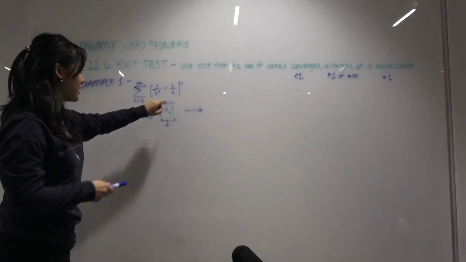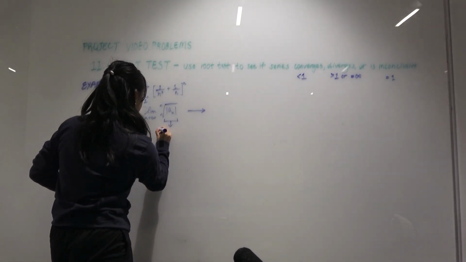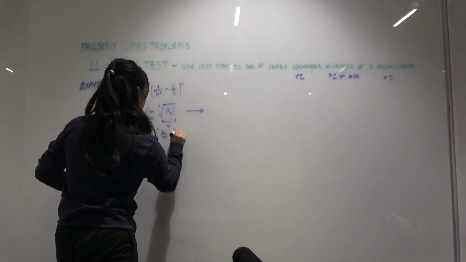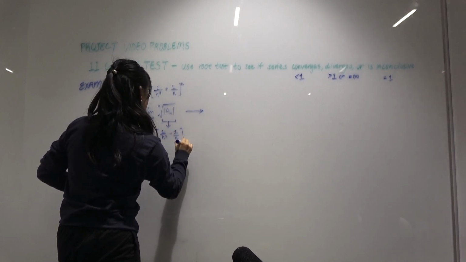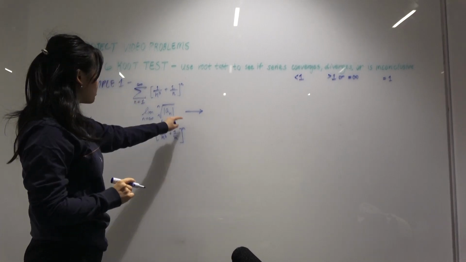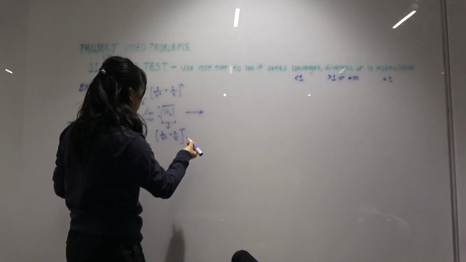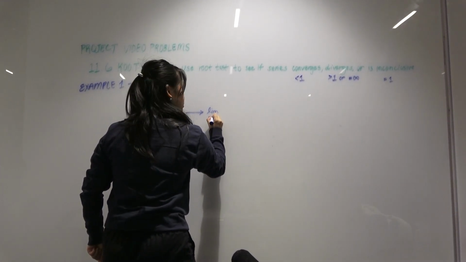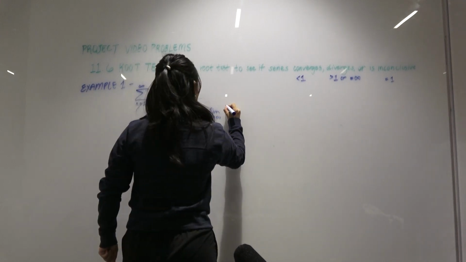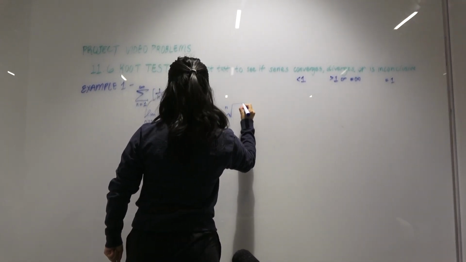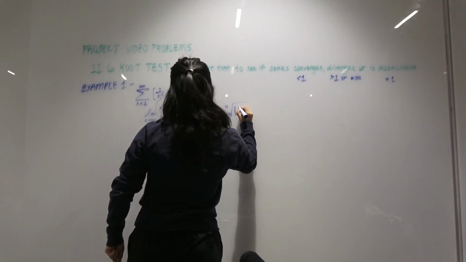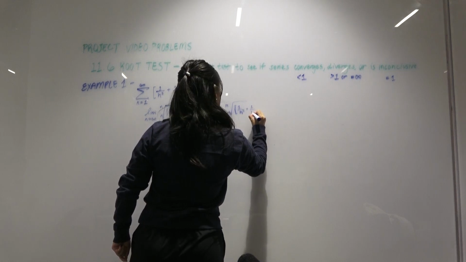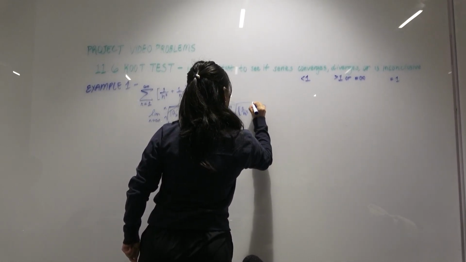In this series, a sub n is going to be 1 over n cubed plus 1 over n to the nth power. So if you put that into the limit formula, you're going to get the limit as n approaches infinity of the nth root of 1 over n cubed plus 1 over n to the nth power.